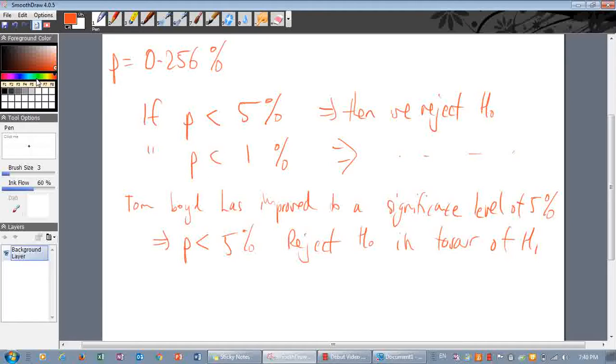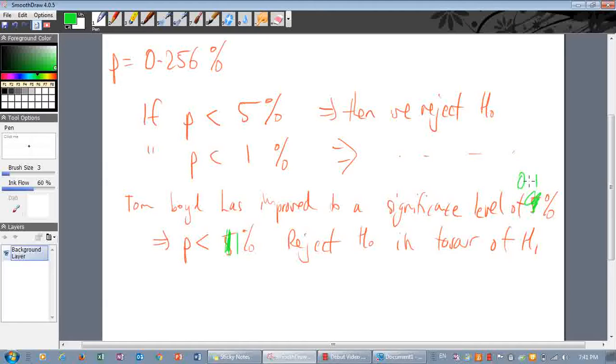Let's change this to 1%. What if the question asks whether Tom Boyd has improved to a significance level of 1%? We need this p-value to be less than 1%. Is it less than 1%? Yeah. That p-value is less than 1%, so we still reject it.